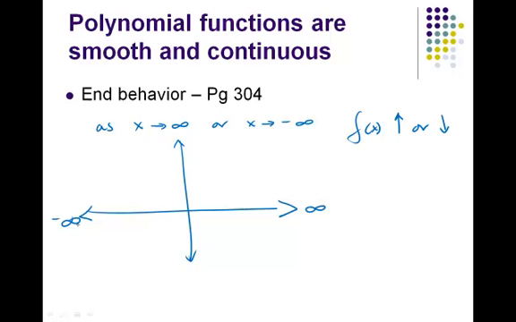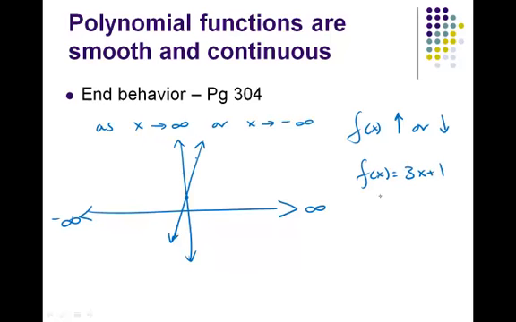Now, some end behavior you already know. Linear functions, like 3x plus 1. You should know that this graph, and I'll draw it over here just to see, goes up towards the right and down towards the left.